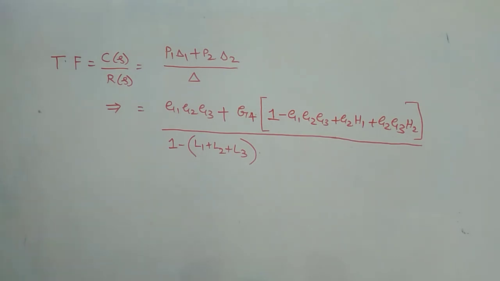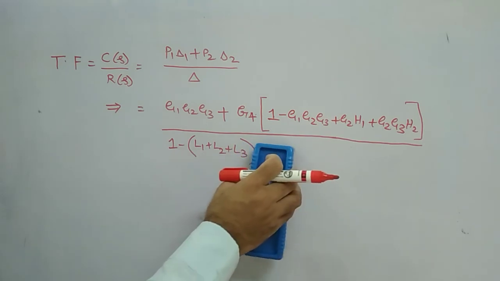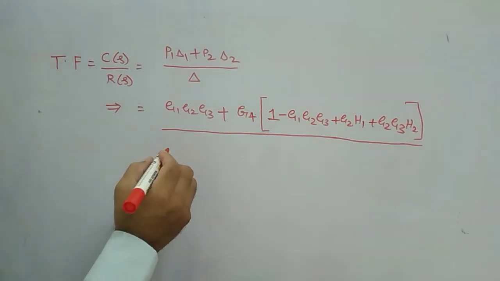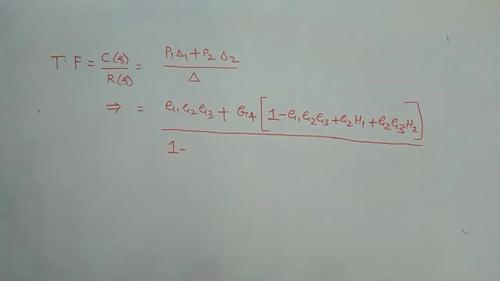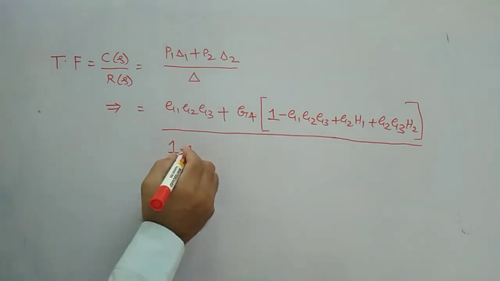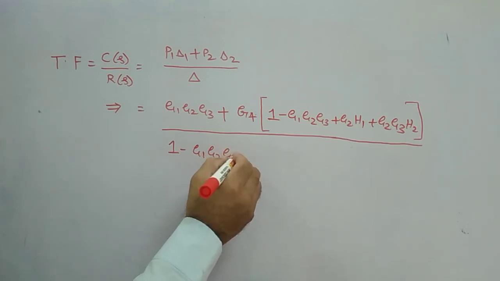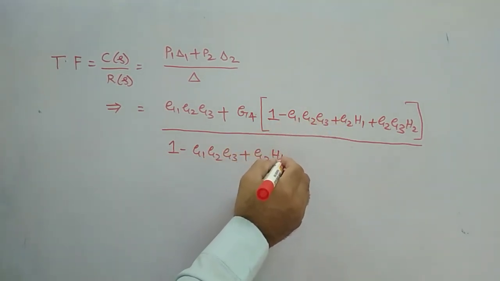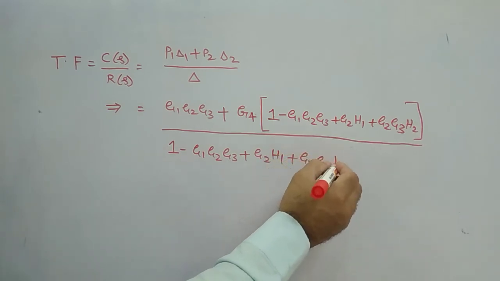And then, delta is equal to 1 minus G1 G2 G3 plus the same G2 H1 plus G2 G3 H2.